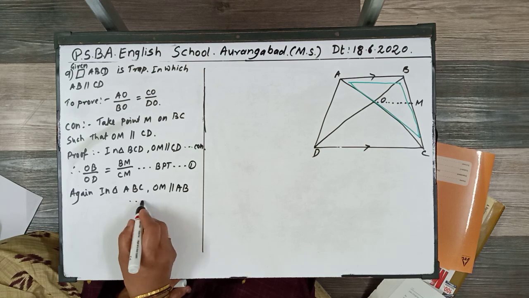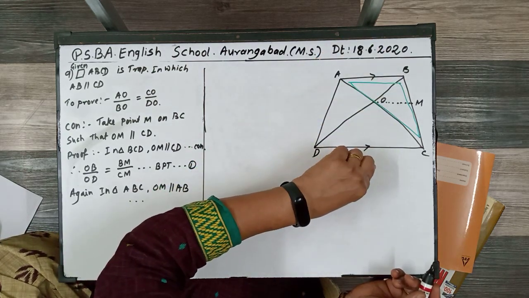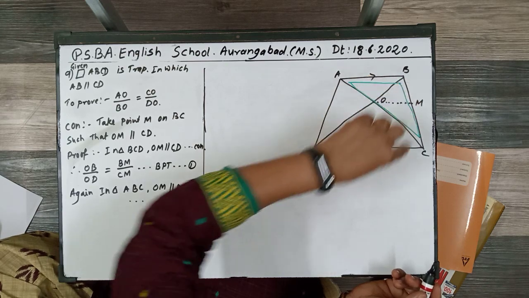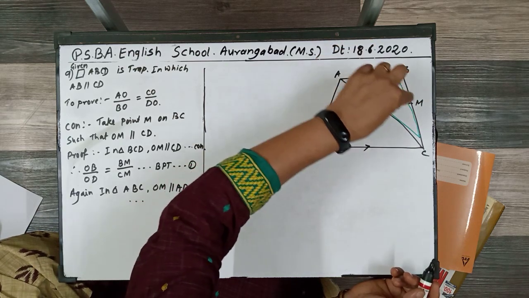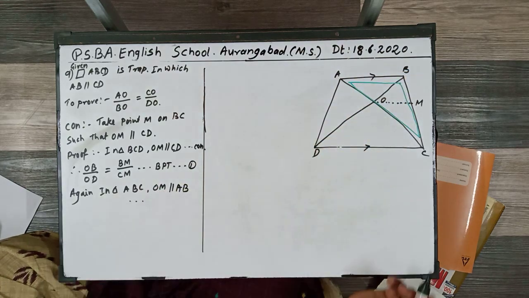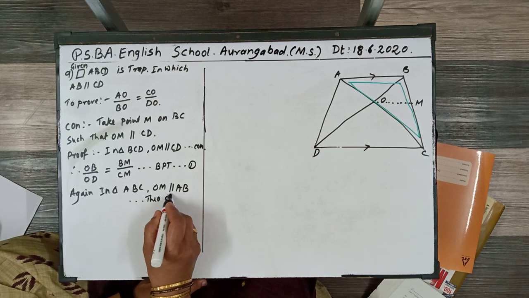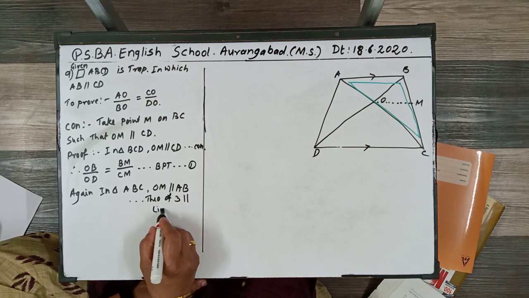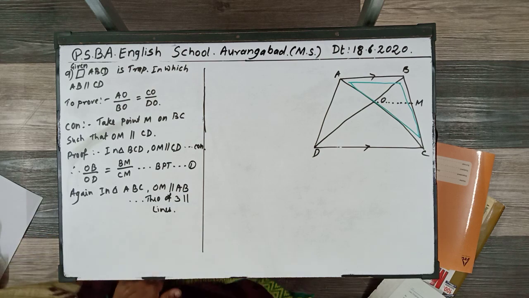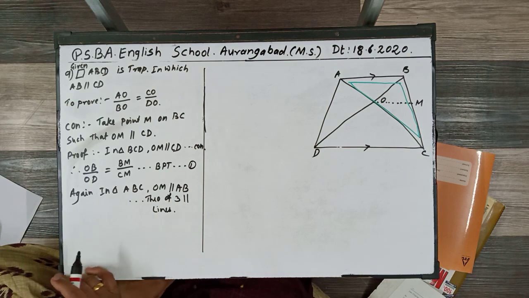Now here, children, it is given to us that AB is parallel to CD. We have drawn OM parallel to CD. So you will have AB parallel to OM parallel to CD. Directly, theorem of 3 parallel lines. Because of the theorem of 3 parallel lines, we have OM parallel to AB.